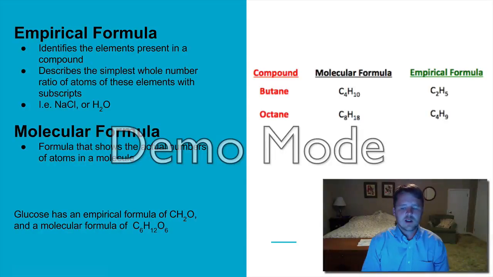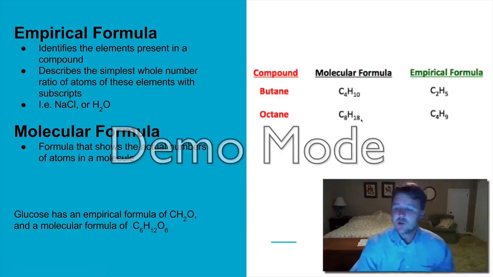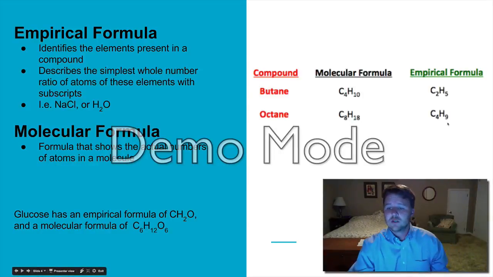Then to break it down even further, you divide to its lowest denominator. So like C4H9 is actually C8H18. It's just broken down into the smallest possible formula.